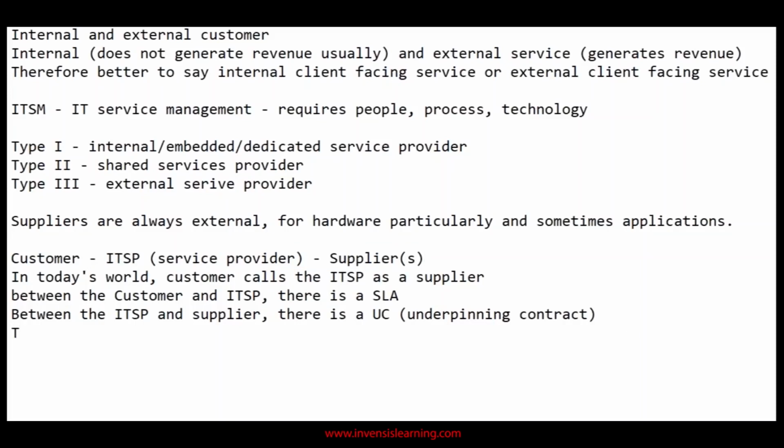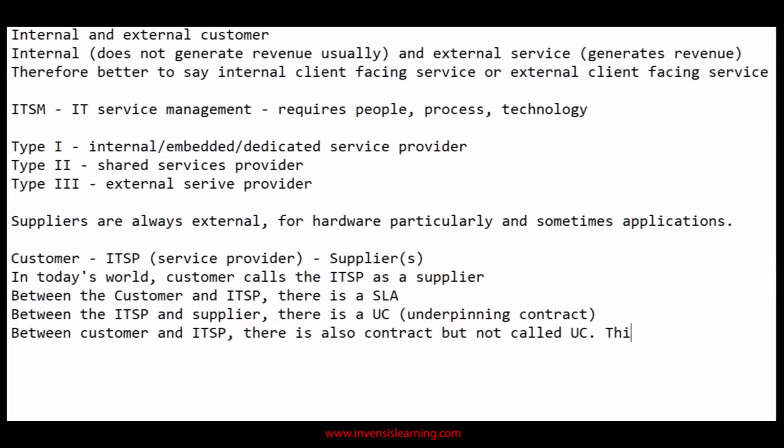Last thing, so that you get full clarity on this: between the customer and the IT service provider, there is also a contract. Yes, there is always a contract, but it is not called a UC. UC is different. This contract will include the SLA.